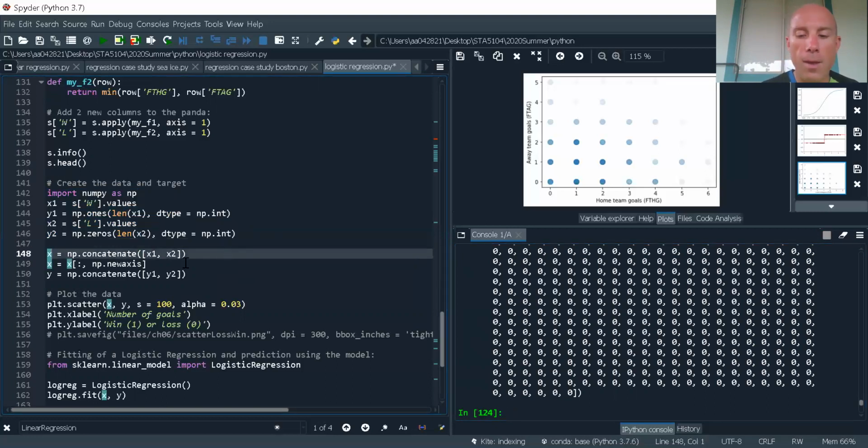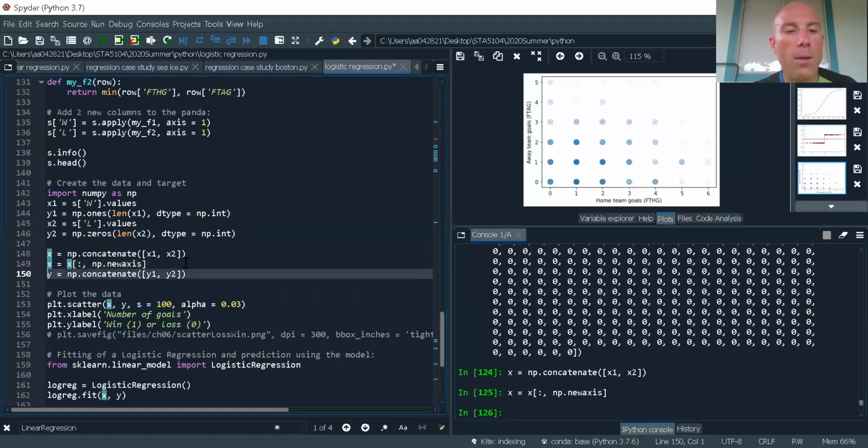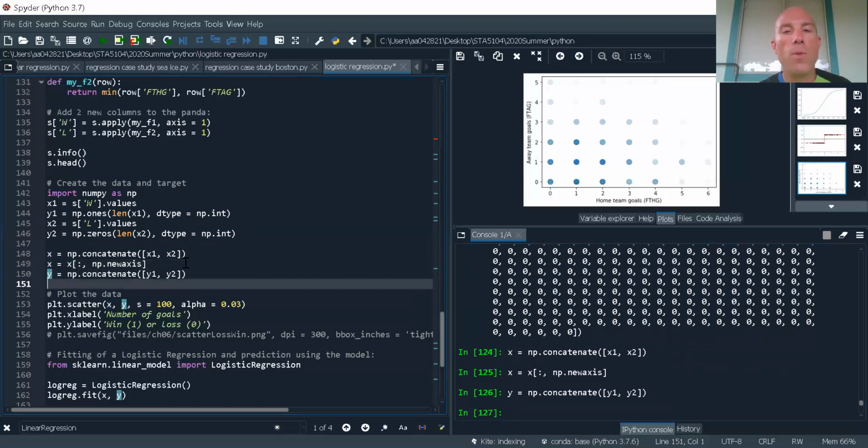So we're going to concatenate the X together, so we're putting X1, X2 together, and then concatenating the Y's. So now I've taken all the data. Before I had win-loss together in one collection, home team, away team.